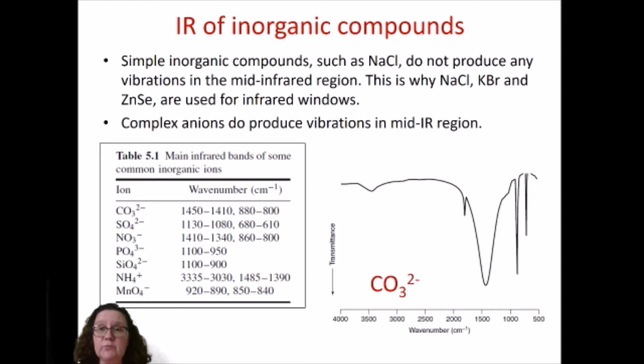Sodium chloride and potassium bromide are used as sample holders when you need to sustain the sample in the infrared spectrometer. More complex anions, sulfates, nitrates, phosphates, etc., will have some vibrations in the mid-infrared region. And here, for example, is the typical spectrum for the carbonate anion, with this very broad band around 1500 inverse centimeters.